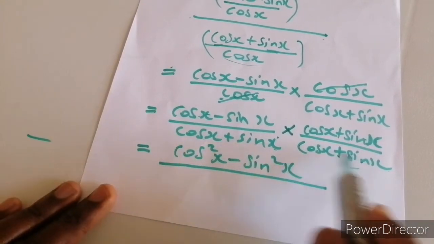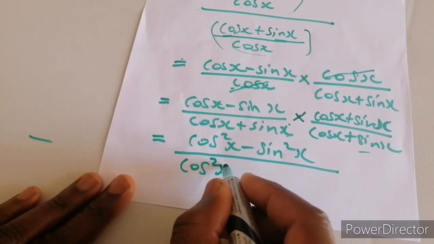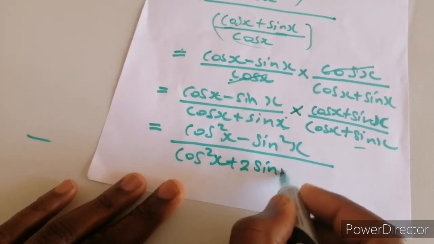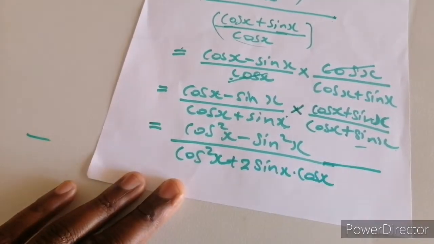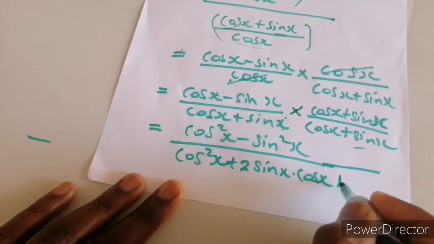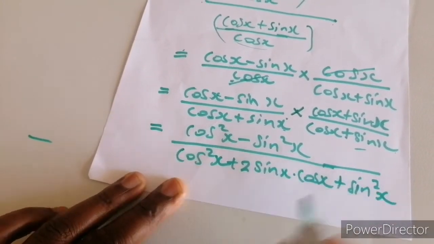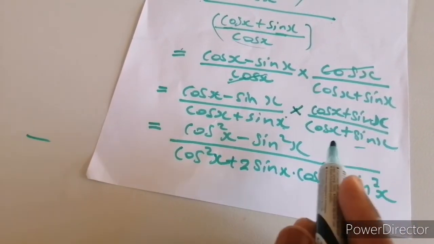You know how to work out binomial squared. This will be cos squared x plus 2 sine x cos x. Then the last term will be sine squared x, binomial squared. Algebra is very, very important.